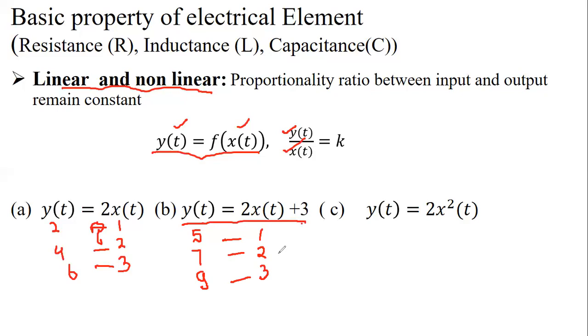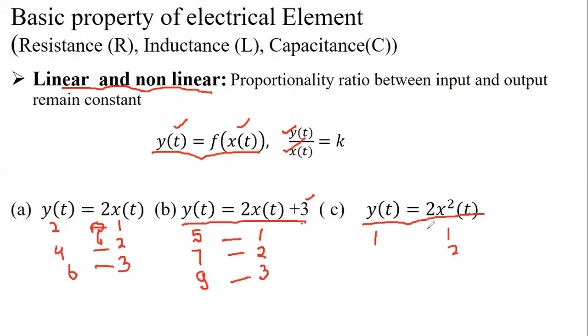Always remember, if we have the equation y(t) equal to kx(t), and we add some term here, that is 3, then the equation becomes non-linear. Now in the third case, y(t) equal to 2x squared t. If x(t) is 1, then the output y(t) is 2.